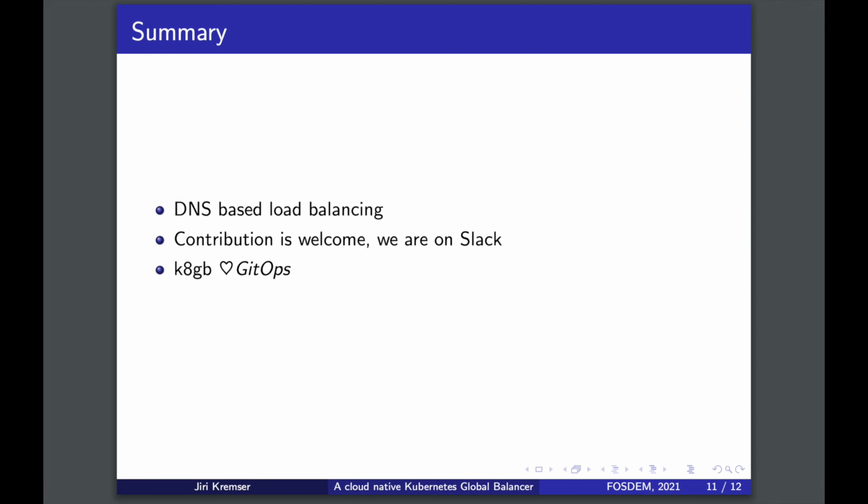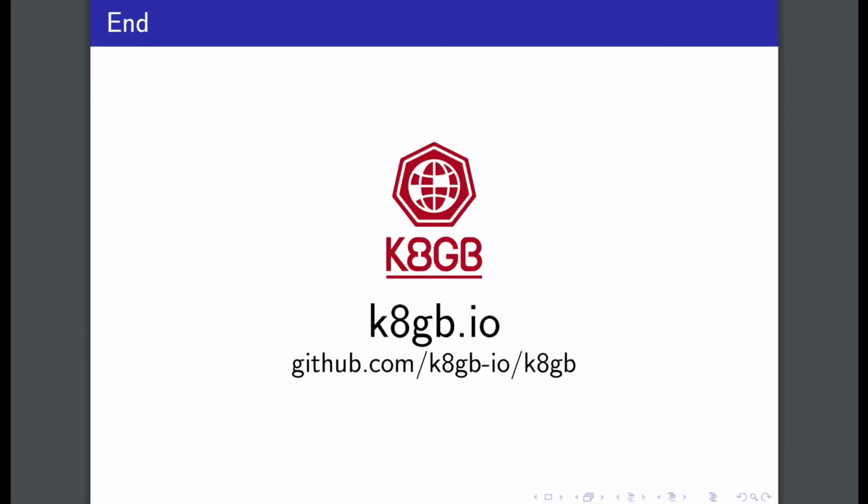You can reach us on Slack. And I've also totally neglected the part that we are suitable to work with GitOps, because we need to deliver this configuration in each cluster and it needs to be relatively similar. So GitOps is the thing to go with, and where it can shine. We have some examples with Argo CD. So yeah, reach us on Slack and thank you for your time.